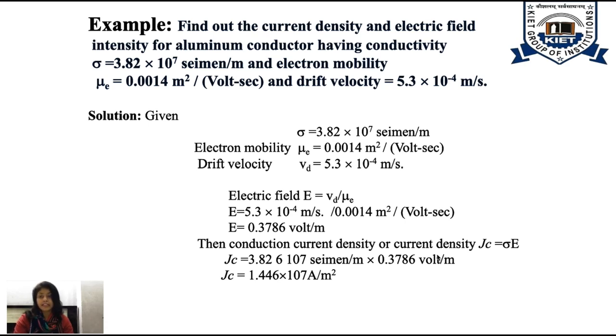We know that mobility is defined as drift velocity per unit electric field. From this expression we can find electric field is equal to Vd by mu e. Substituting the value of Vd and mu e, we have electric field 0.3786 volt per meter. And the conduction current density, if we find the value of electric field E, then we can easily find the conduction current density from the Ohm's law. Jc is equal to sigma E. Then Jc becomes 1.446 into 10 to the power 7 ampere per meter square.